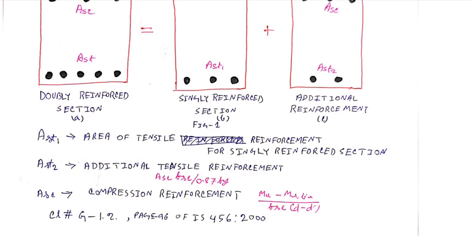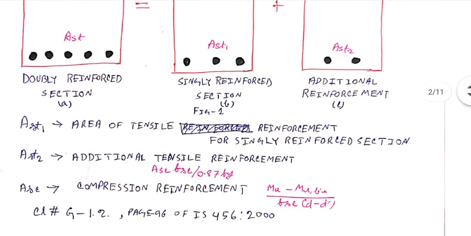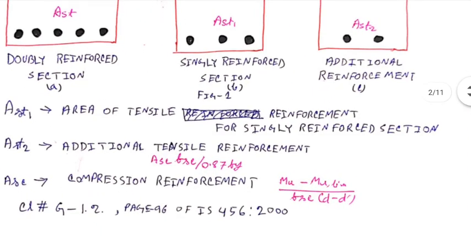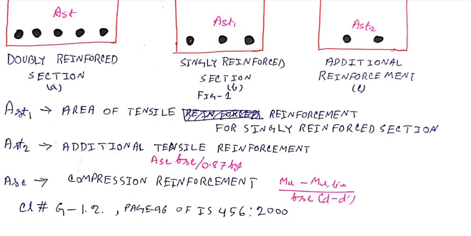For Ast2, the formula is Asc into Fsc by 0.87 Fy, and for Asc, the area of steel in the compression zone, that equals Mu minus Mu limit by Fsc within bracket d minus d dashed.